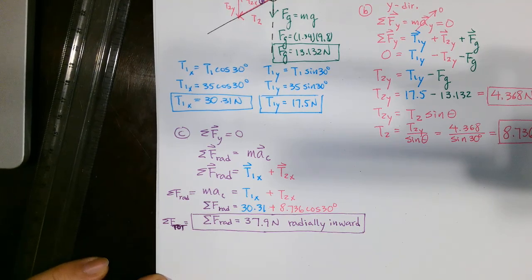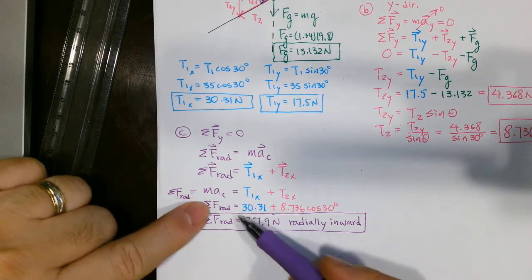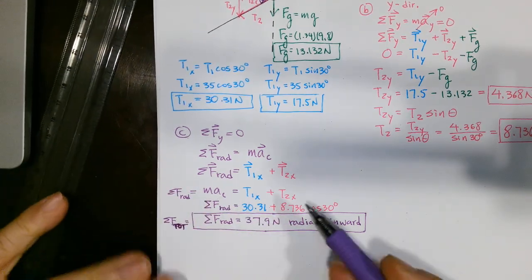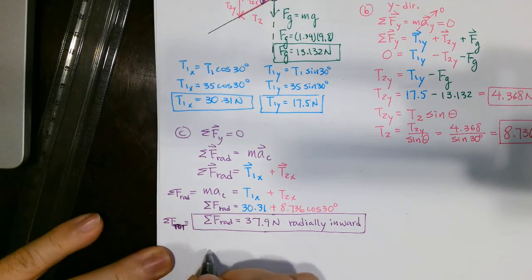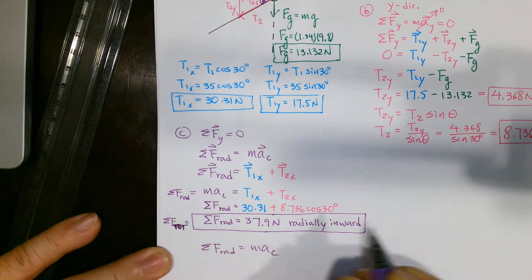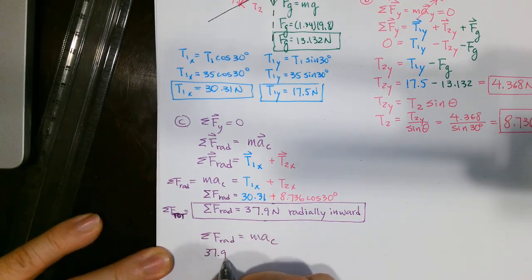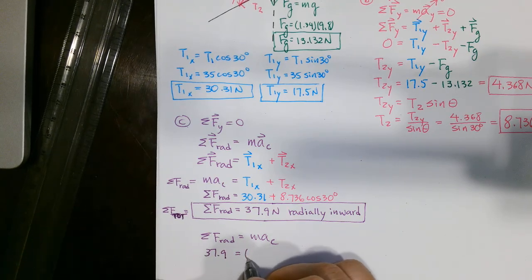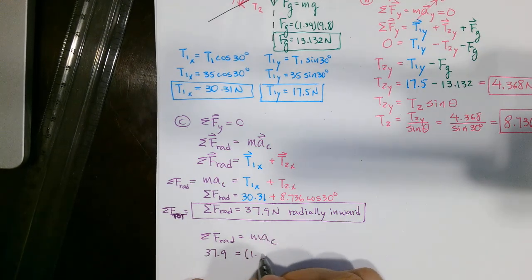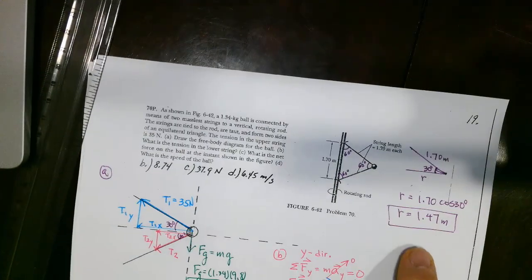What about part D? What is the speed of the ball? Well, now we can set that equal to m a_c. Here, the net radial force is equal to m a_c, and we know 37.9 is equal to the mass, which is 1.34, times v squared over r, which is 1.47. The r came from right here.